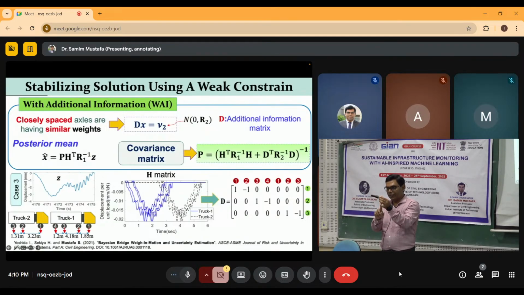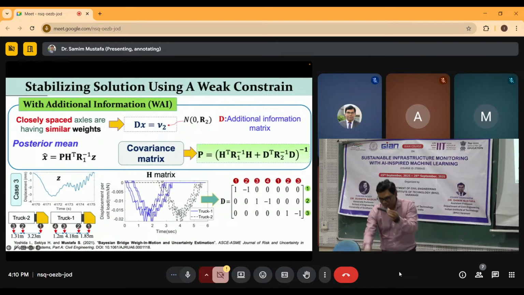If there is one axle over here and another axle over here, then since this axle is just beneath the weight, lesser weight will be carried by the other axle.